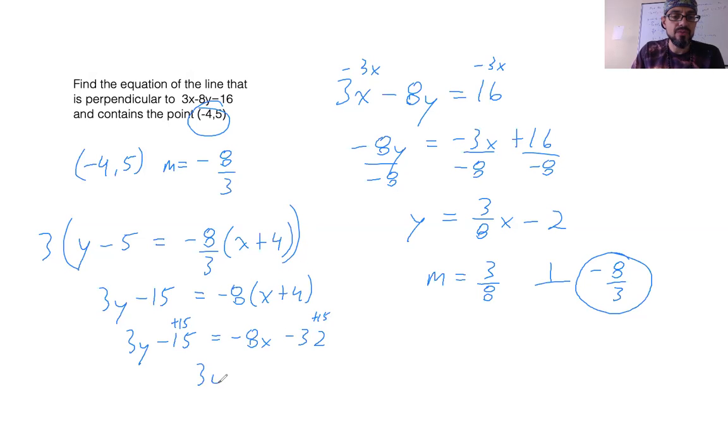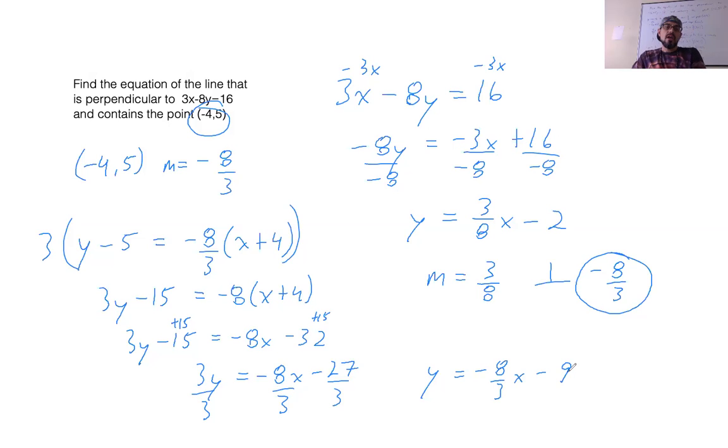We'll get 3y equals -8x minus 17... minus 27. And then divide everything by 3. And y equals -8 over 3x minus 9. Perfect. Okay, so there you go.